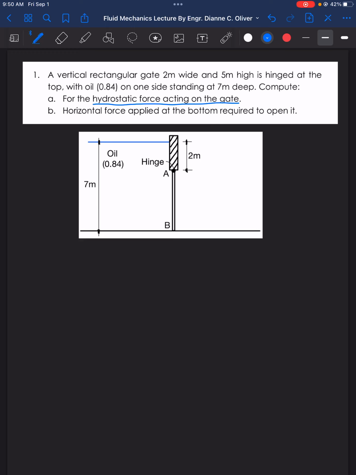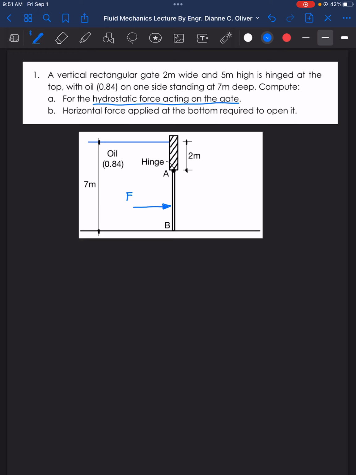The liquid is standing on one side, which in our figure is the left side. Therefore, the force acting on the gate AB is at this position. It is pushing the gate from left to right.